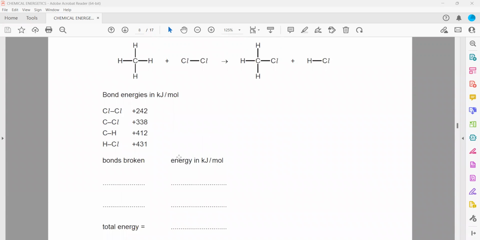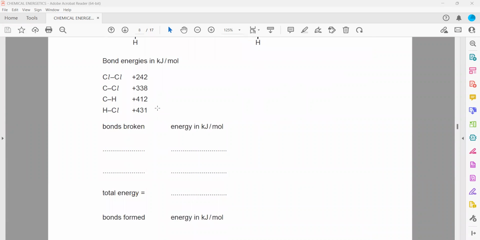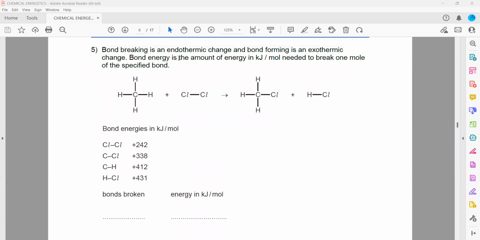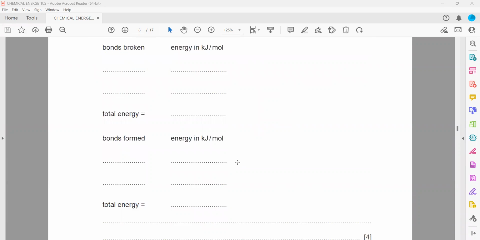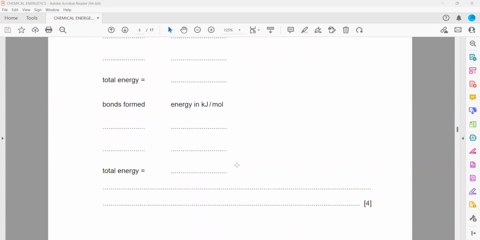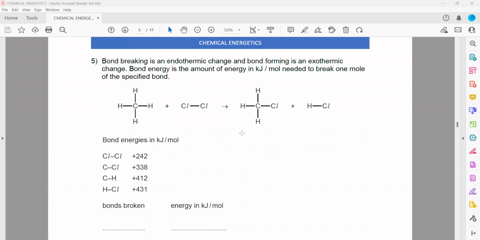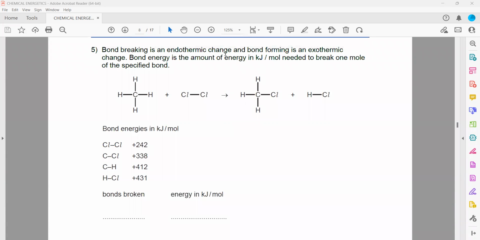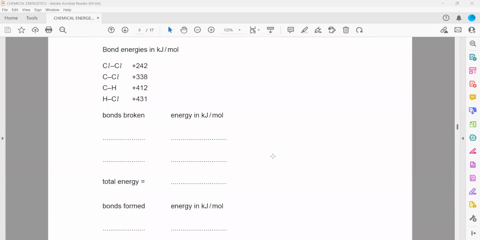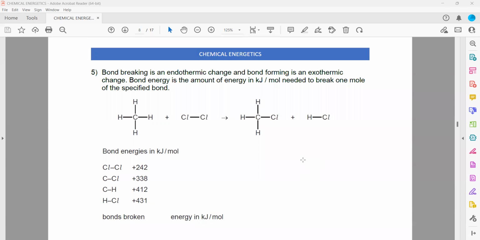No, because you have to show that bond breaking is there, bond forming energy is there, and you have to identify what kind of reaction this is. So you can mention that the bond forming energy is more than the bond breaking energy. They did not ask for internal energy, so internal energy does not carry a mark, but you will conclude that because the bond forming energy is more, this overall reaction will be exothermic.